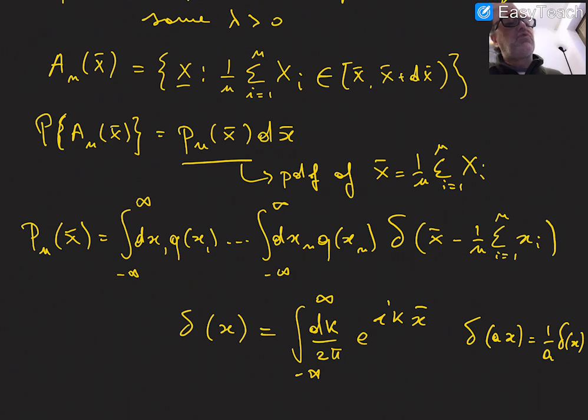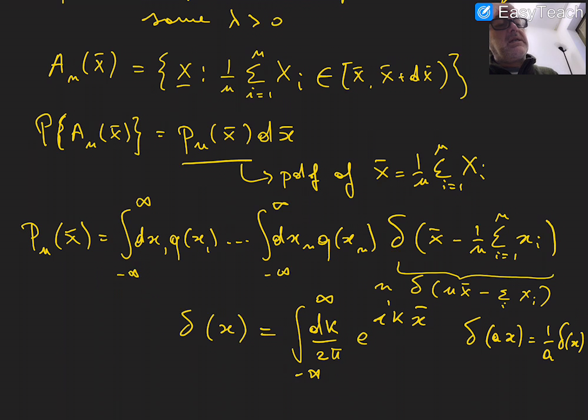If we use these two properties, then first of all we are going to change this into n times delta of n times x bar minus the sum over i of the xi.